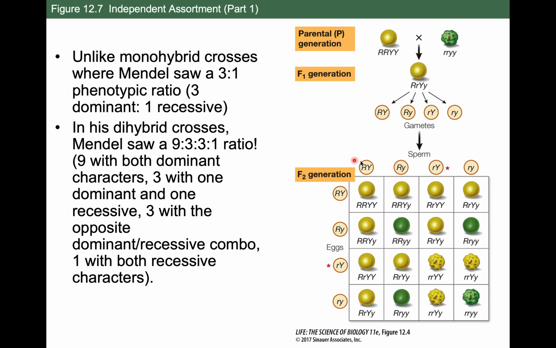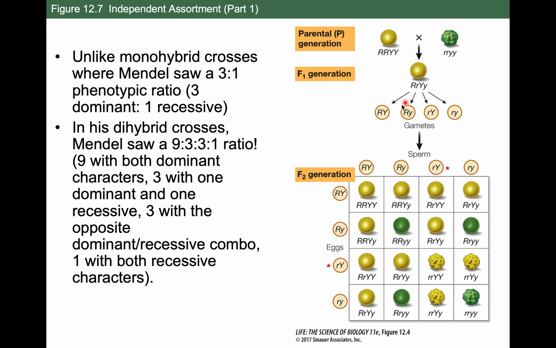And now this is where things get a little interesting. If we want to make the Punnett square to go to the F2 generation, right, we're letting this plant cross with itself. So big R, little r, big Y, little y, crossed with the same. But if we think about what the gametes from this parent are going to look like, well, each gamete's getting one copy of the R gene and one copy of the Y gene due to the law of segregation that we already talked about.